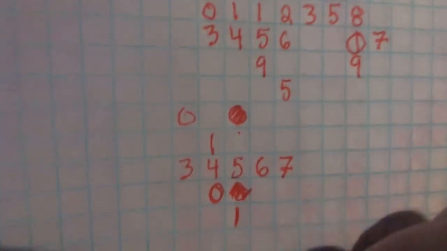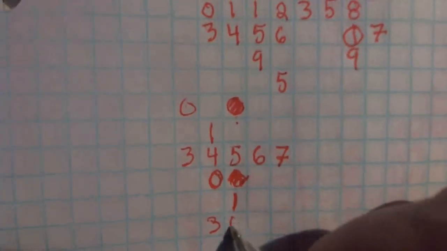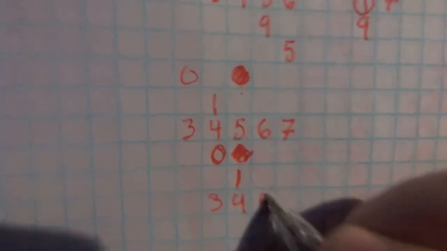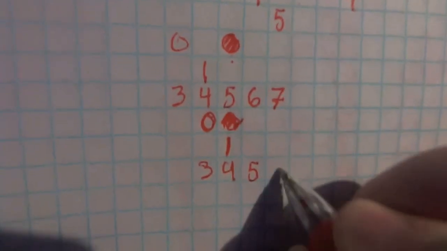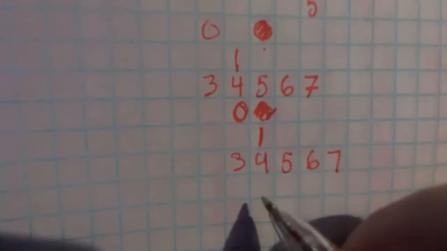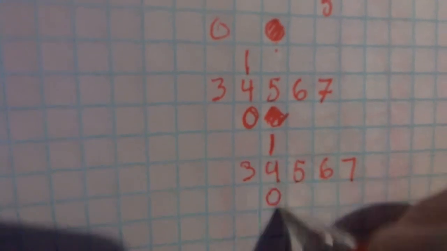And repeat the code. 3, 4, 5, 6, 7. Repeat at 4, 0. And that would get your cross right there.